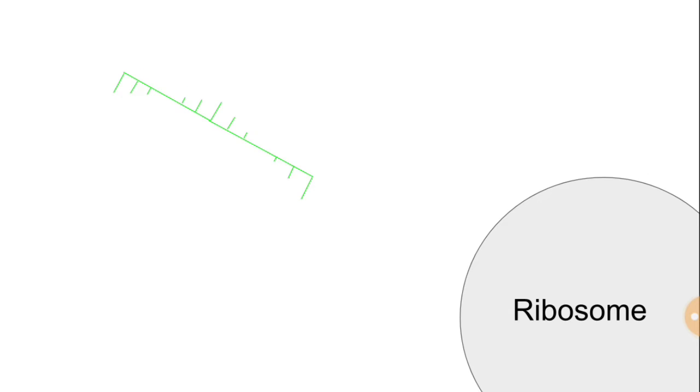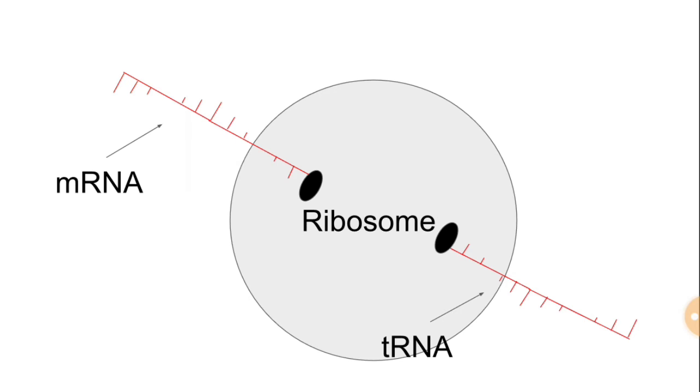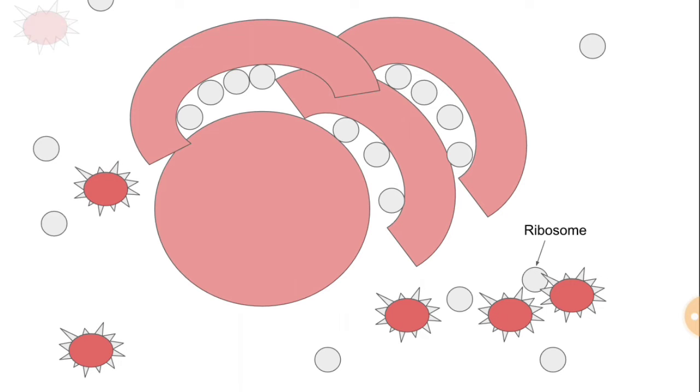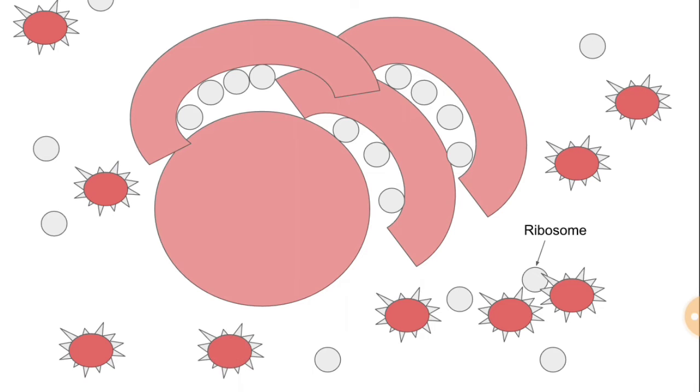What a virus does is it stops the cell's RNA from going in, and instead puts its own RNA into it, telling the ribosome to make more of that virus, and more, and more, until there are viruses all over the cell.